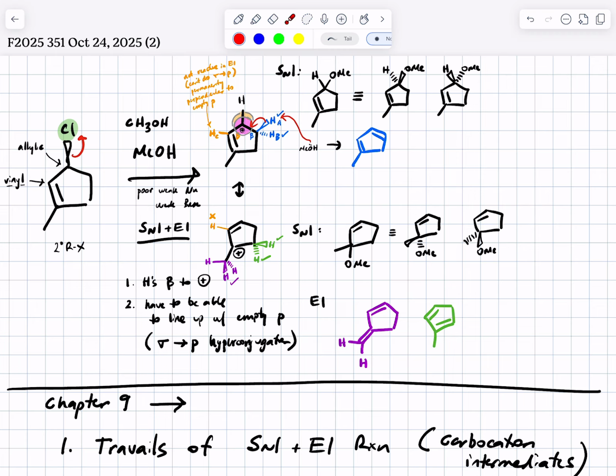Basically, from a synthetic point of view, the SN1 and the E1 reaction are a big problem and a waste of time. And notice that the mixture of products you get is a direct consequence of the fact that your intermediate is a carbocation. The first part of this you've thought about for several days now, and that is stereochemistry. You're going to get both stereoisomers if you go through a carbocationic intermediate, if you make a stereocenter in your product, because the empty p orbital can be attacked from above or below.